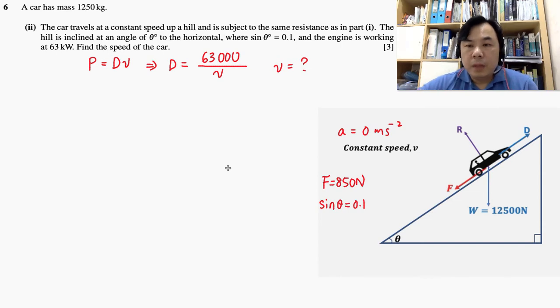Right? And next, we need to resolve the component. Don't forget, whenever you work with a problem that involves a slope, you have to resolve the component of the weight along the slope itself. So this is also theta. Now, therefore, we're going to apply Newton's second law again.